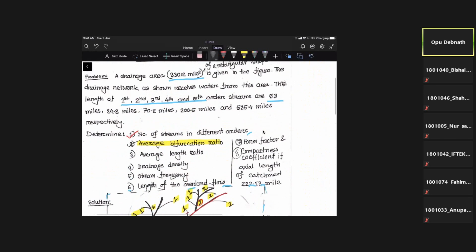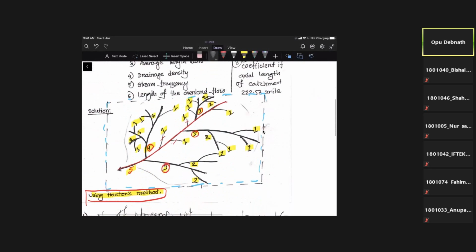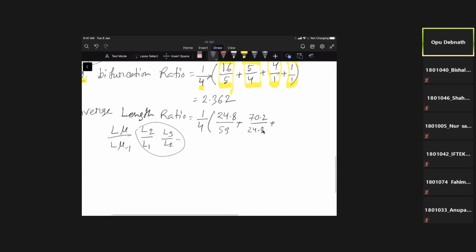In the question we have the average lengths 53 miles, 24.8 miles, 70.2, 200.5, and 525.4. So the first term will be L2 by L1, the length of second order, this is 24.8 divided by 53, plus next one L3 by L2, this is 70.2 divided by 24.8, plus next one L4 by L3, and the last one will be L5 by L4.